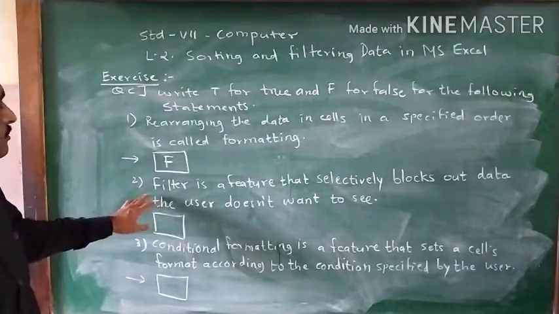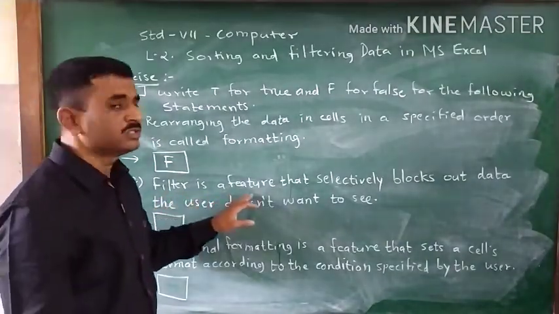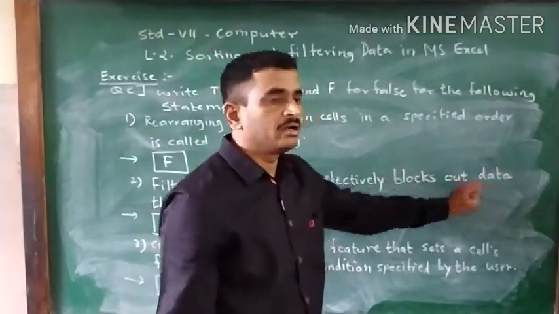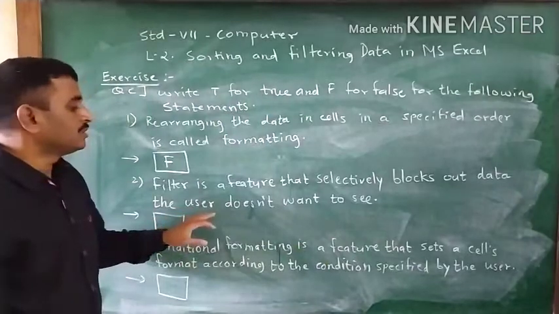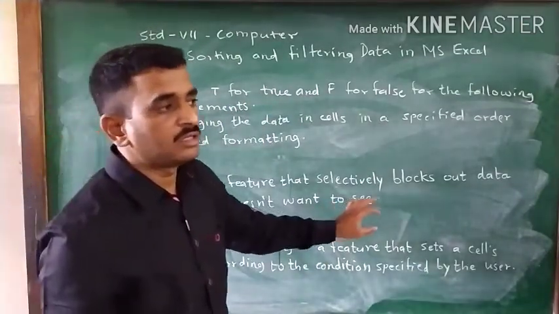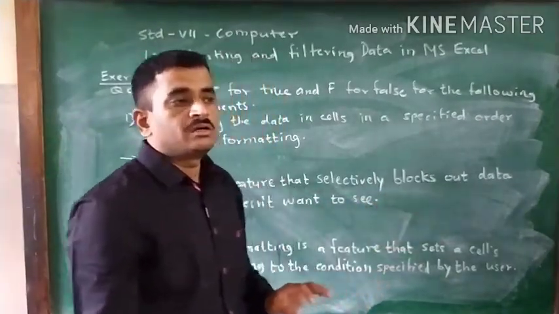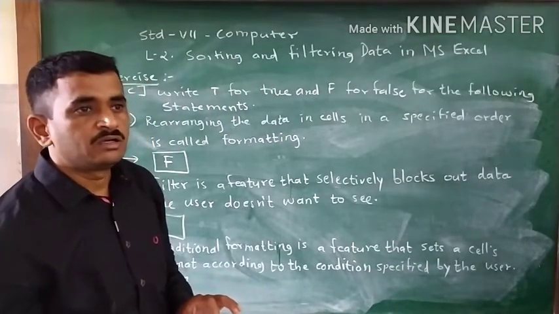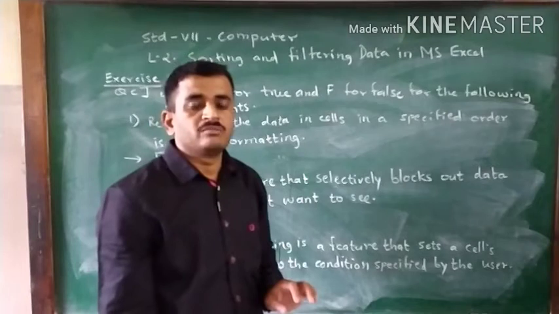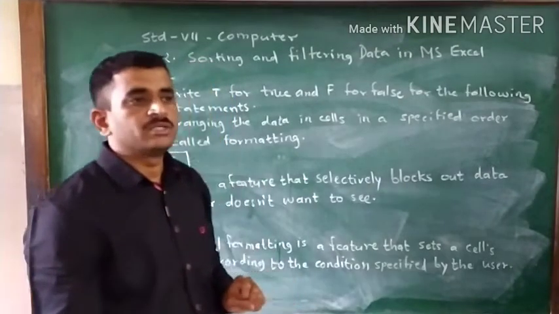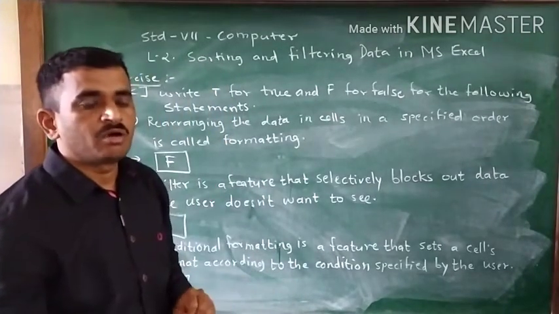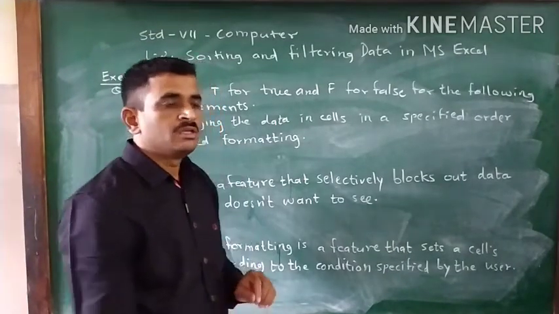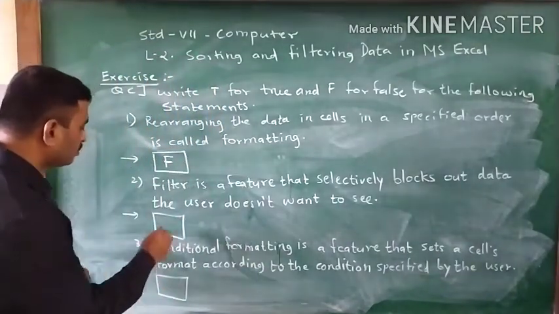Second sentence: filter is a feature that selectively blocks out data the user doesn't want to see. The data which the user doesn't want to see gets hidden by the filter. It means filter blocks out the data that the user doesn't want to see. That's why it is true.